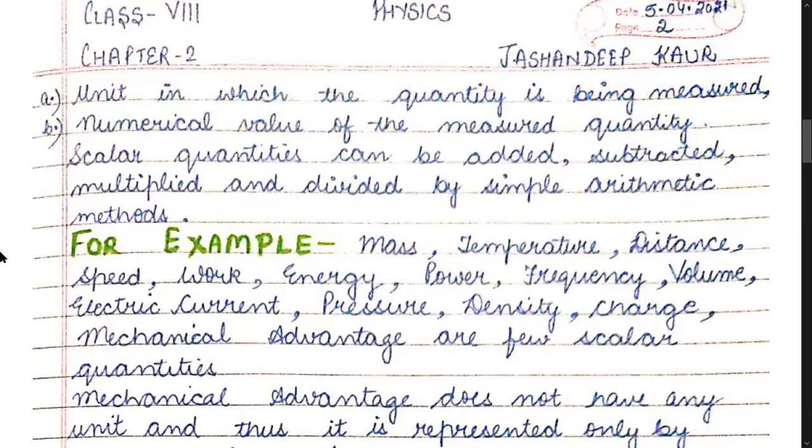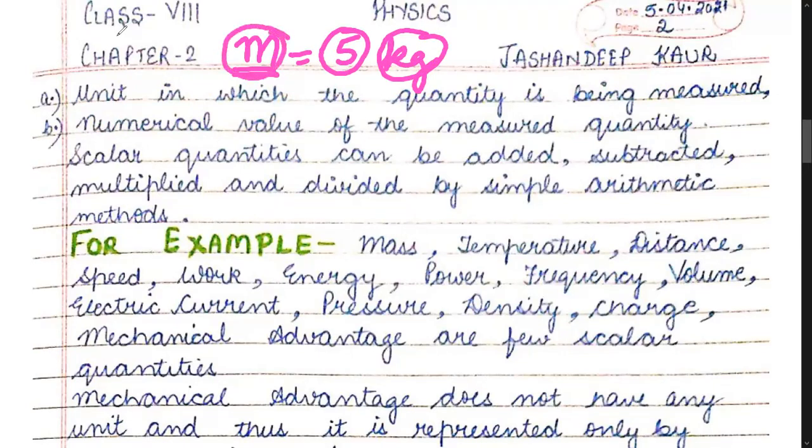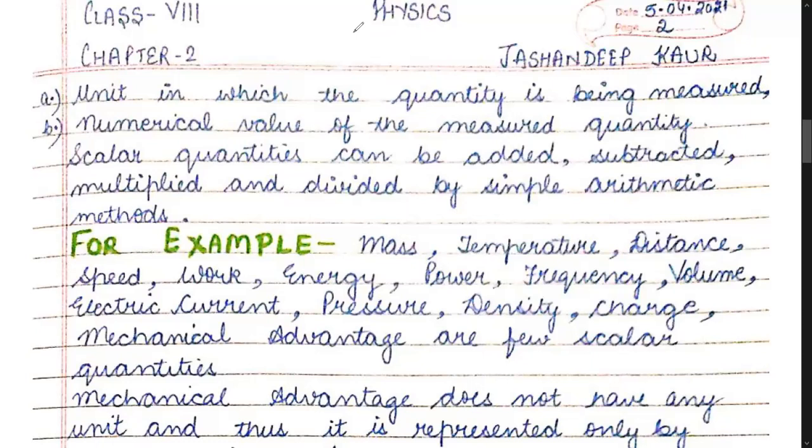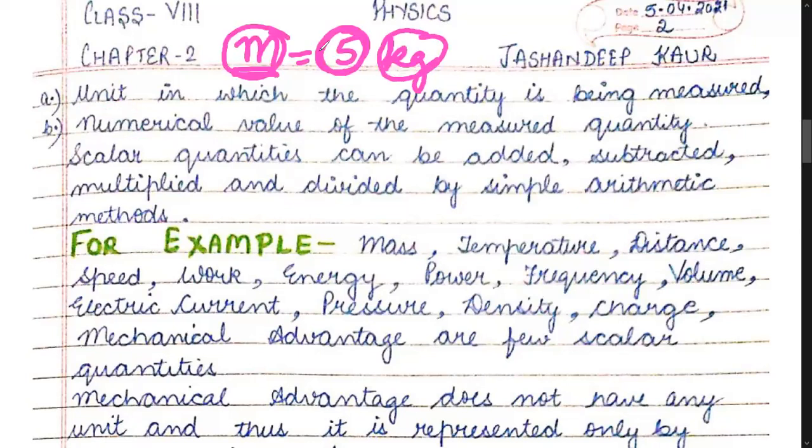For example, if we say mass is 5 kilogram, 5 is the numeric value, kilogram is the unit, and mass is the physical quantity. So any scalar quantity is represented by a unit and a numerical value.